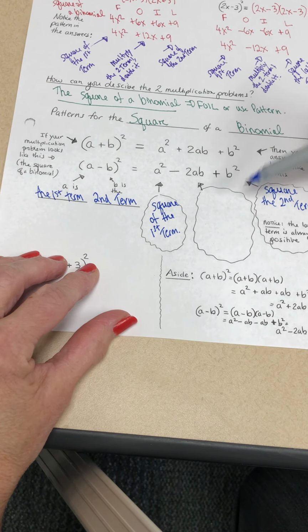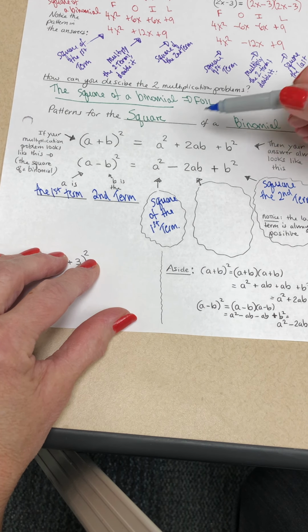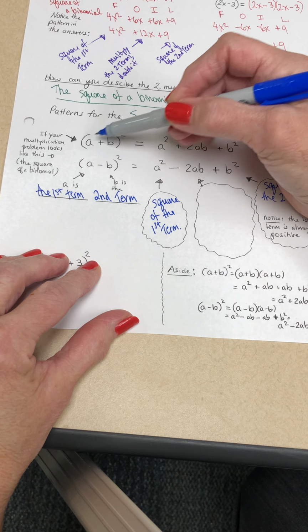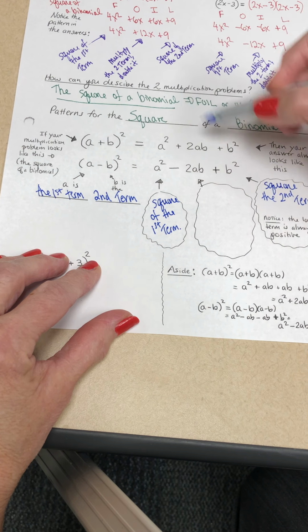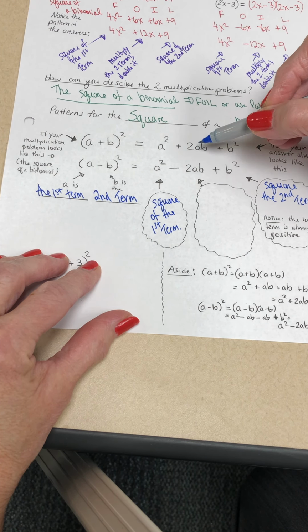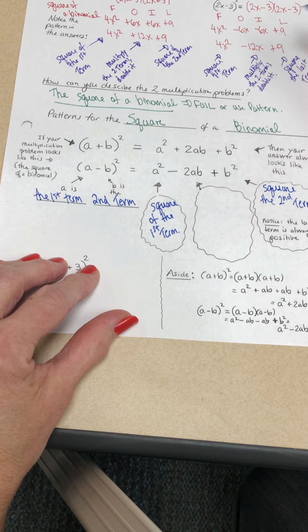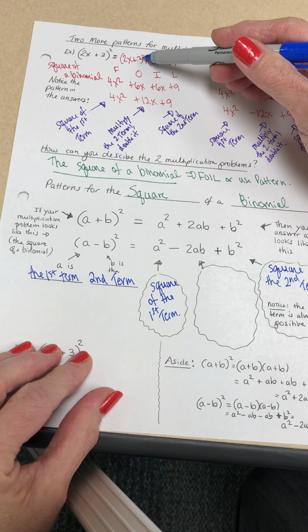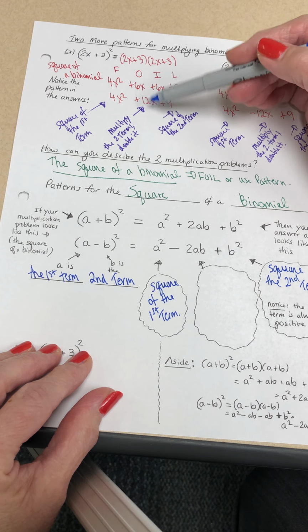It's the middle term that's a little bit more complicated to say. What we see is A times B. Well, A and B are the two terms, so multiply the two terms, then times 2, which is doubling. And that's exactly what we saw happening up here. We saw 2x times 3, 6x, but it got doubled.